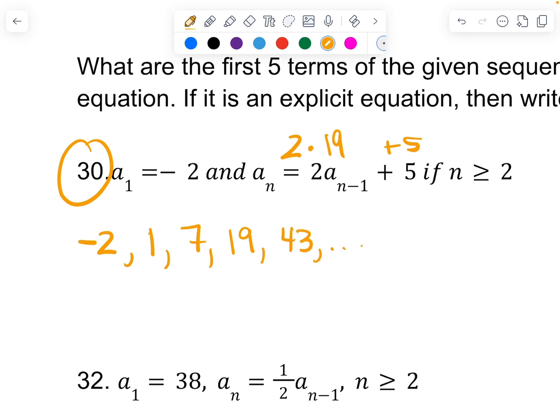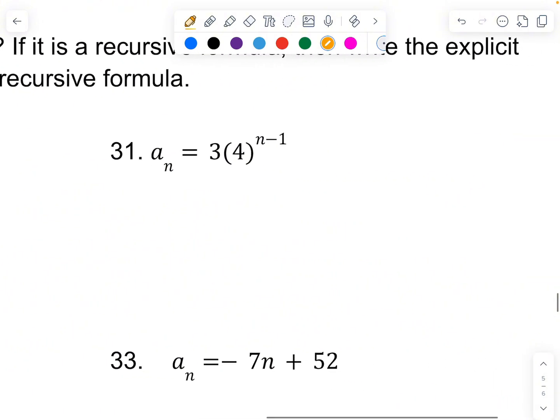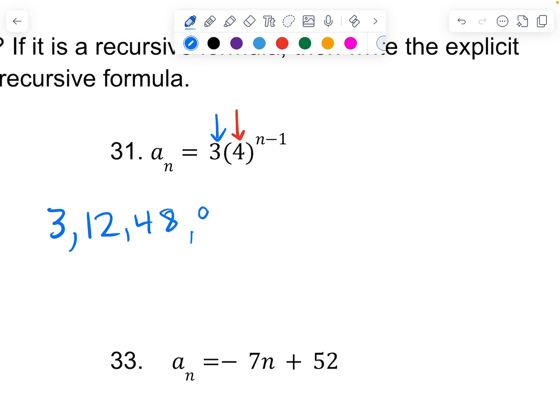Okay. This next one. Our starting value is 3. And we're going to go up by a rate of 4. So, multiplying by 4 each time. So that'll get me 12. That'll get me 48. So 96.